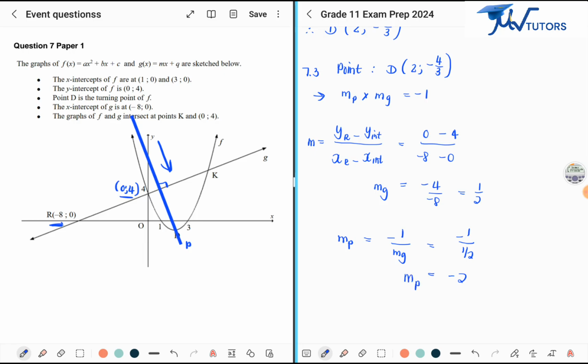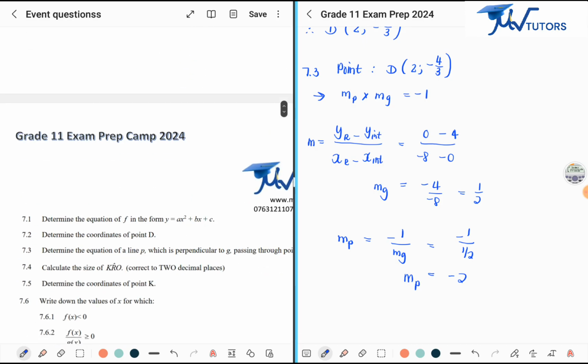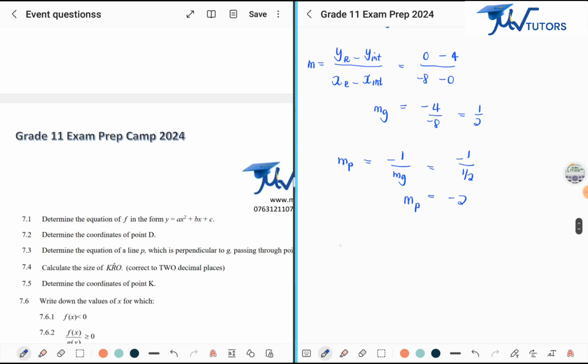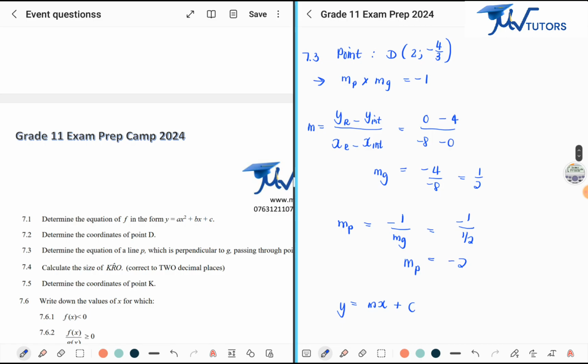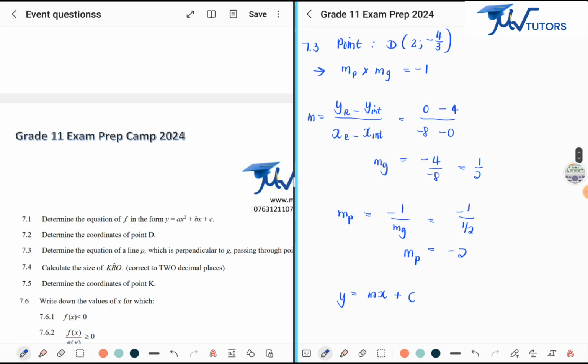Now I'm happy, I have a point and I have a gradient, so I can definitely get the equation of line P. I'm just going to use y is equal to mx plus c, and then I'll write it properly in terms of P of x, which is our equation of the line. So in the place of y, remember I have a point D, so I'm going to use the y-coordinate of D, which is -4/3.